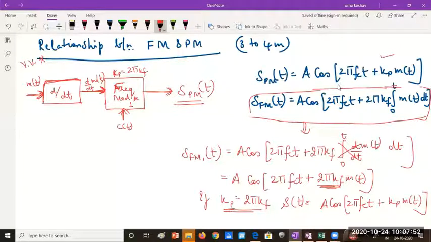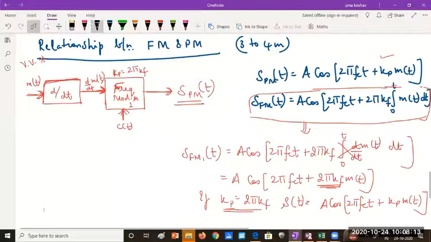So whenever you are going to draw the waveform for a phase modulated signal, you first differentiate the message and then pass it through a frequency modulator. You will get the phase modulated signal. Is that clear? So this is the first relationship.